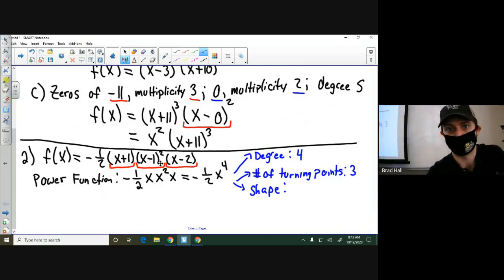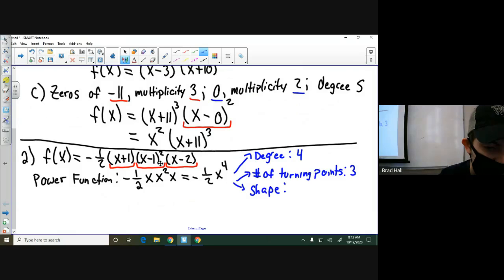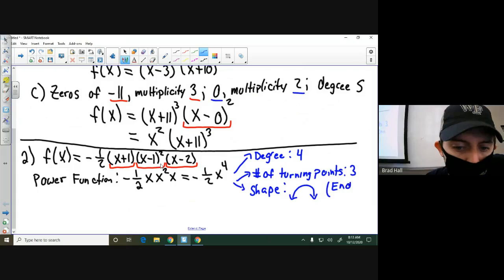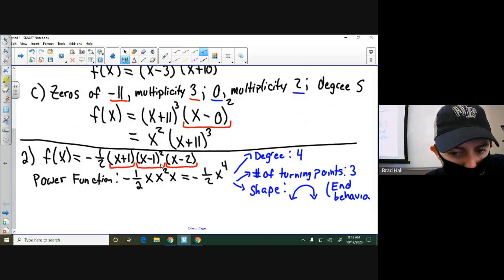Hopefully you remember the 4 various shapes. So there's a negative number in the front and there's an even exponent, which means that the shape would take on somewhat of this feel, as we'll keep in mind later. This is more so the end behavior. So it helps answer that question.